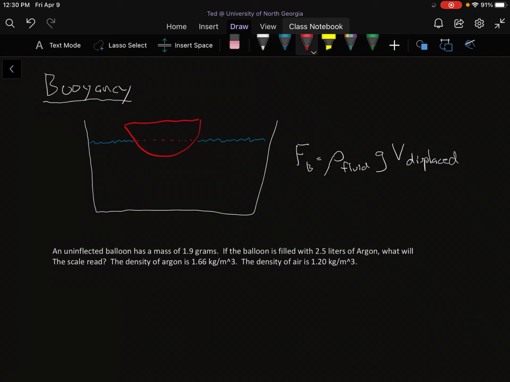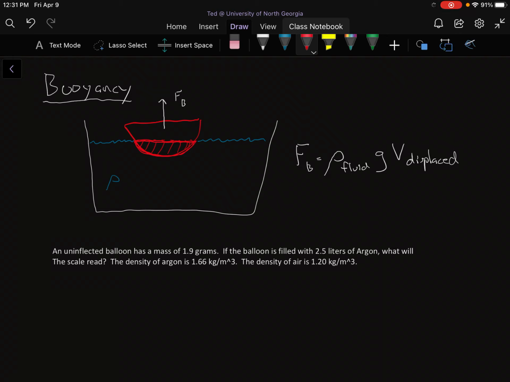So in this case, the part of the boat that's actually underwater is the volume that's been displaced. And so the buoyancy force, this upward force from the fluid, is equal to the density of the fluid times the volume that's been displaced, that is this volume here, times G, the gravitational constant.